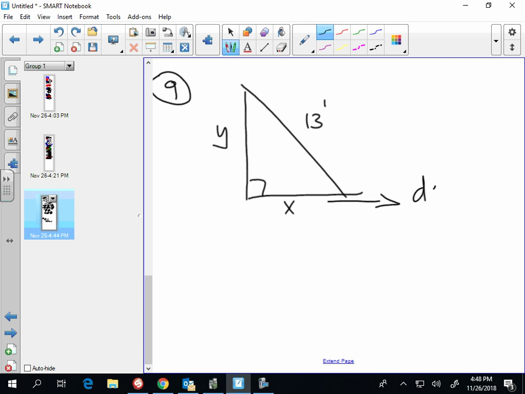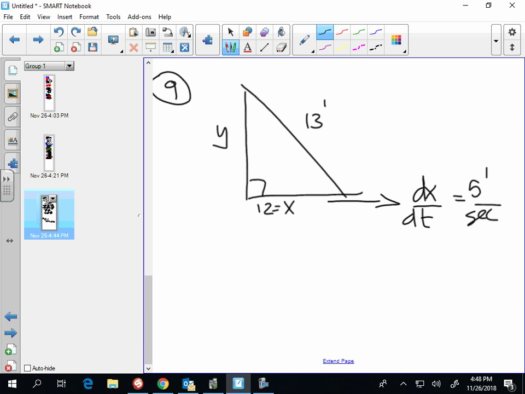And so we're talking about dx/dt. What does it say about dx/dt? The base is moving at 5 feet per second. The instant the base is 12 feet from the wall, so x equals 12 and dx/dt is 5.